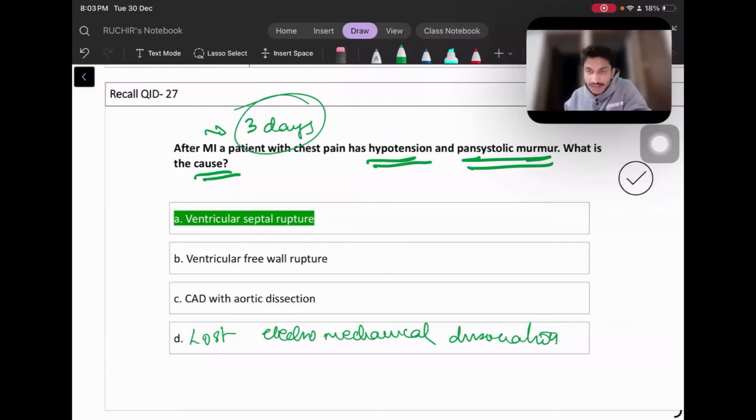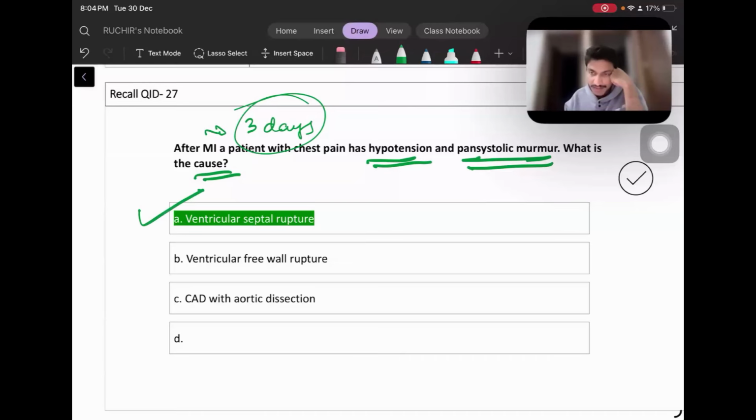So after MI on the third day, the patient has chest pain, hypotension. Was electromechanical dissociation given in the question stem? After the third day, retrosternal back pain was there, sudden hypotension and a pansystolic murmur. Was this question there? Okay, so chest pain, hypotension, pansystolic murmur after 3 days of MI. So what is the cause?